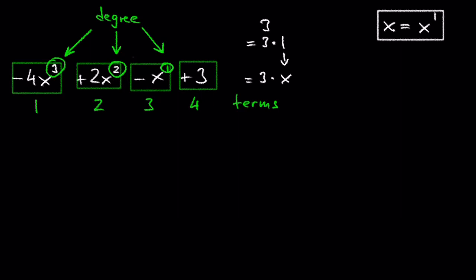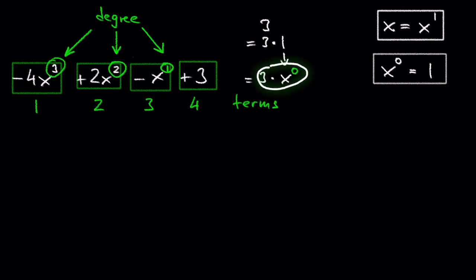In my video about exponents, we learned that x raised to 0 is 1. So 3 times x raised to 0 is the same as 3 times 1, which is 3. In other words, 3 is the same as 3 times x raised to 0.